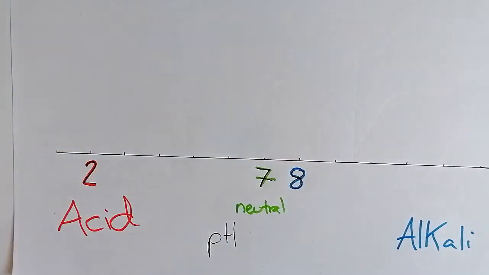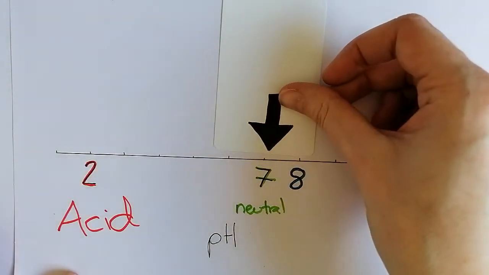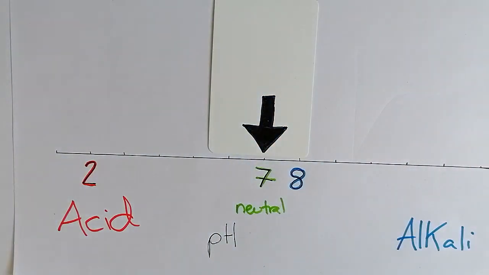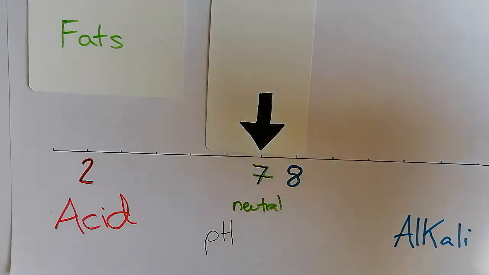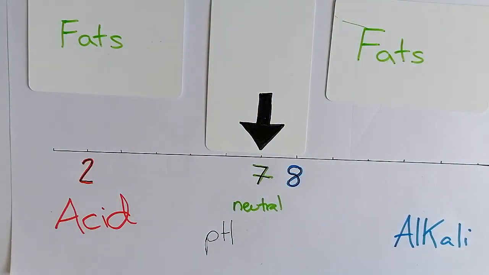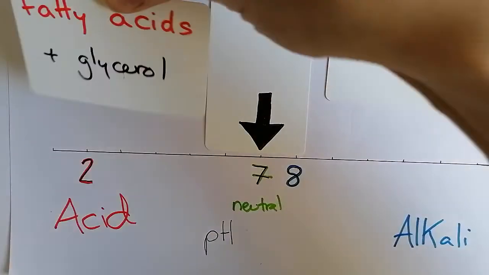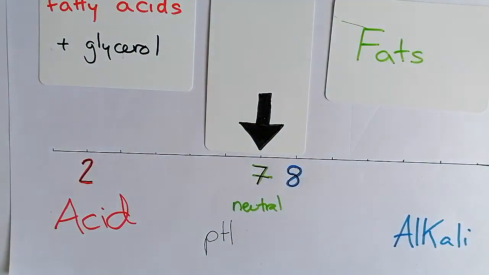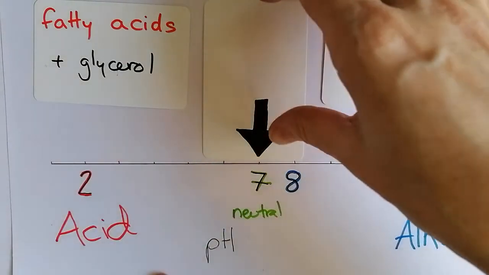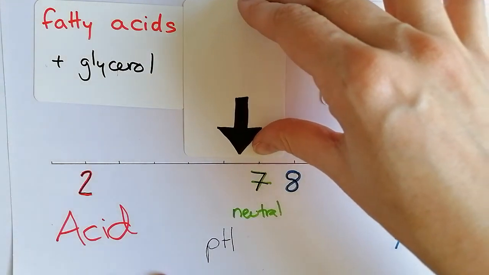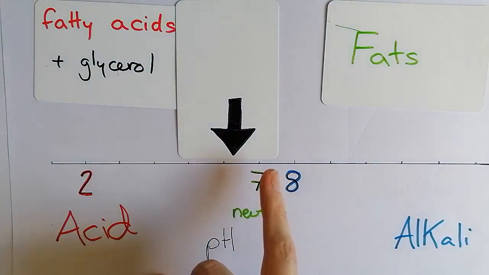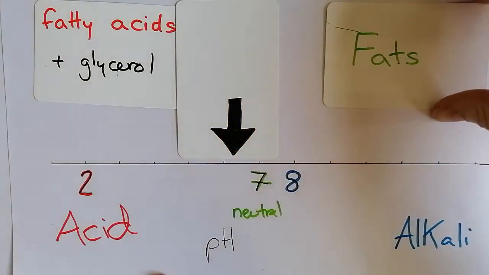So if we had a test tube that started at pH 7, and in our test tube we had some fats, and we added the correct enzyme into that test tube, what would happen is they would begin to break those fats down and release fatty acids and glycerol. Oh, fabulous. But now that it's got fatty acids in it, instead of just fats, it's going to push the pH slightly closer to acidic.